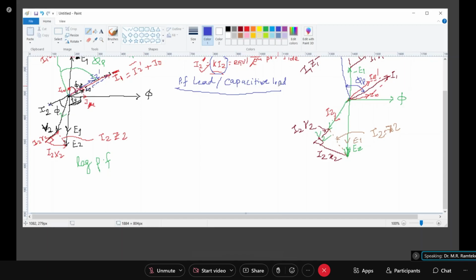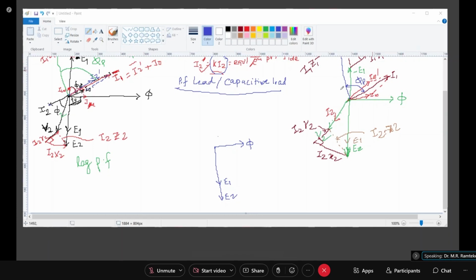Okay. So now again I start with this. This is my phi. And 90 degrees to that will be E1, and E2 I take down. Anything can be there. E2 can be more than E1 or E1 can be more than E2.